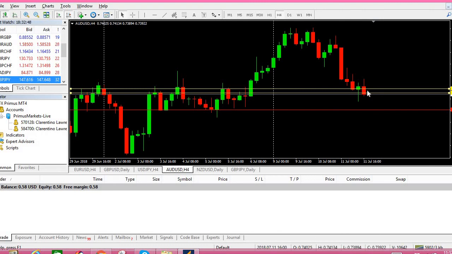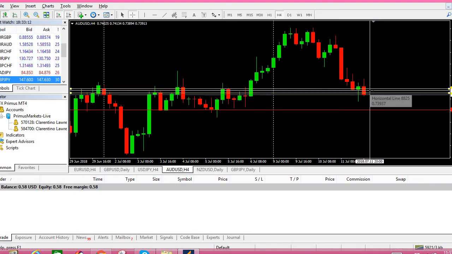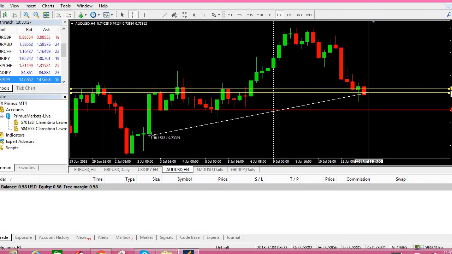I'll put a sell limit pending order somewhere here in between these yellow lines, and wait for the price to retrace and hit my pending order, expecting the price to push further downwards to this point, which is around 27 pips. But based on my experience with the Australian dollar USD, the price will probably go down until here, so I'll play safe.